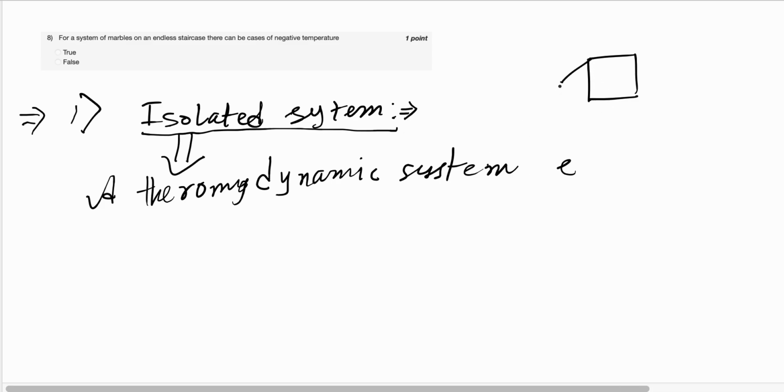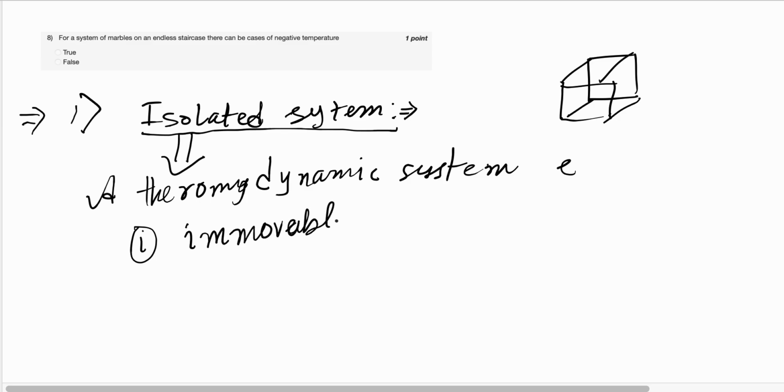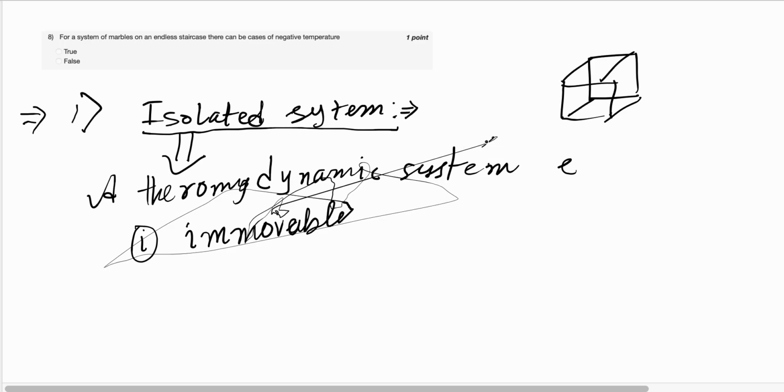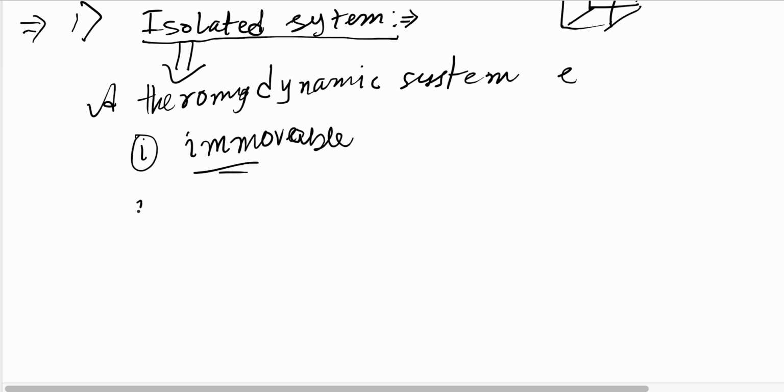For an isolated system, these walls have to follow some properties. The first is that the wall is immovable, it cannot be moved, it is fixed in position. And the second is insulated.